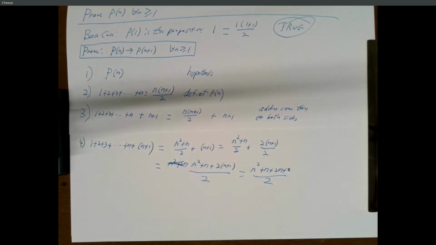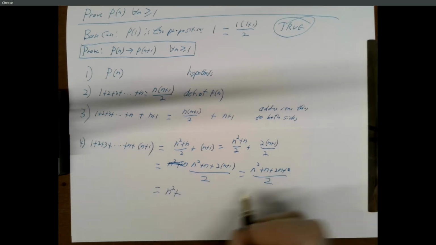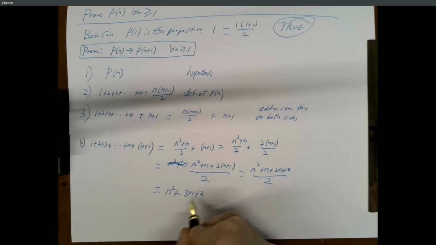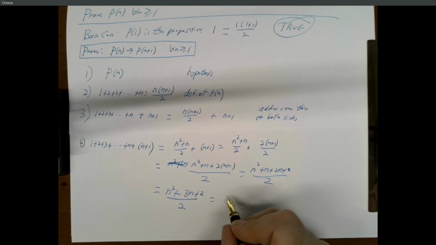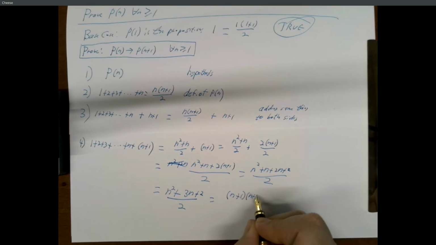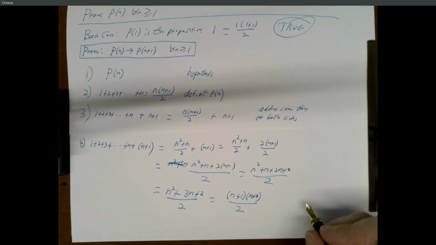We're just simplifying this expression, which is equal to (n squared plus 3n plus 2), all divided by 2. And now I'm going to factor and say this is (n plus 1) times (n plus 2), all divided by 2. And the reason for that is algebra.